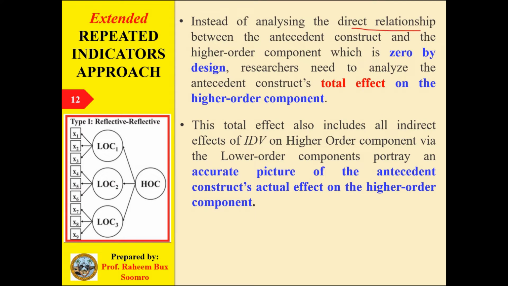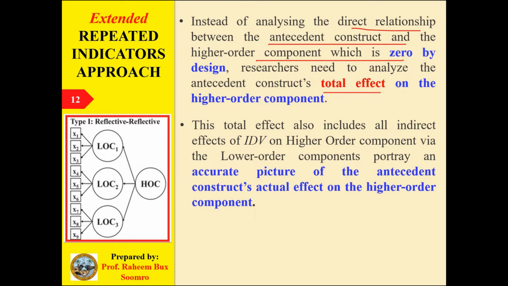Instead of analyzing the direct relationship between the antecedent construct and the higher order component, which is 0, meaning the direct effect is basically 0, we now have to consider the total effect. Total effect includes the direct effect plus the indirect effect. When we add these two effects, it becomes the total effect.